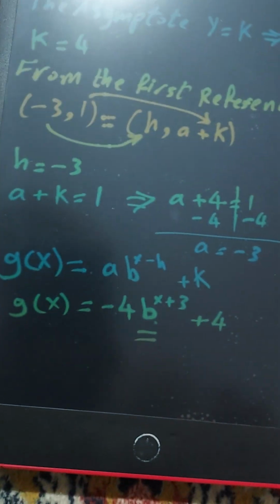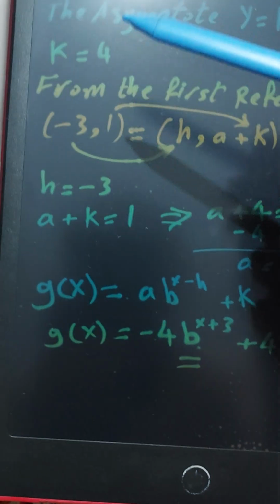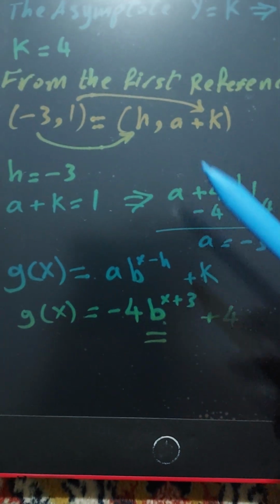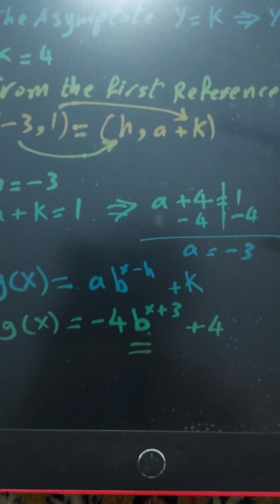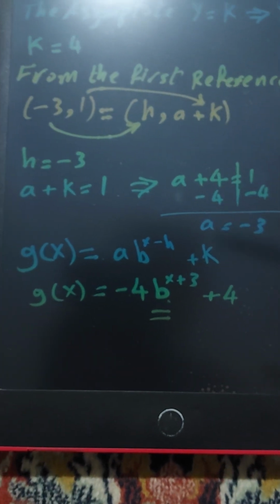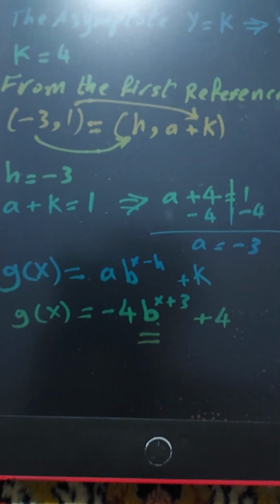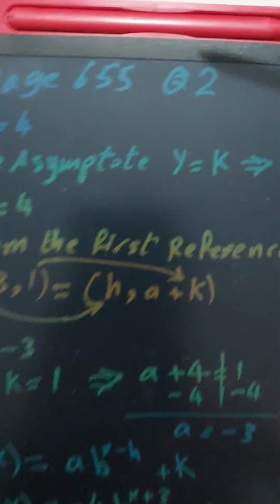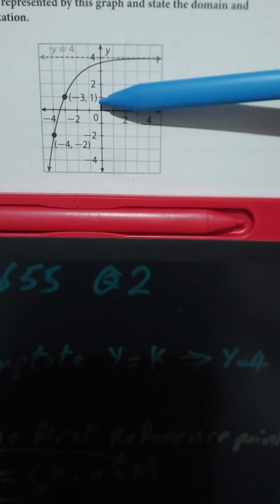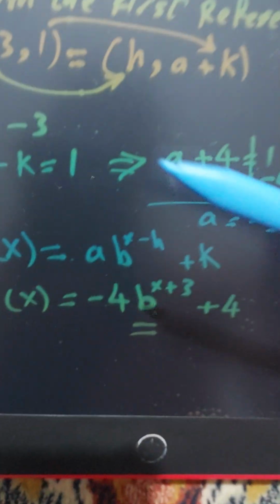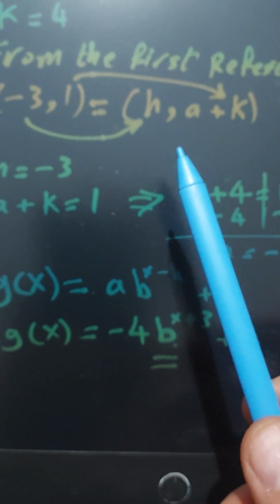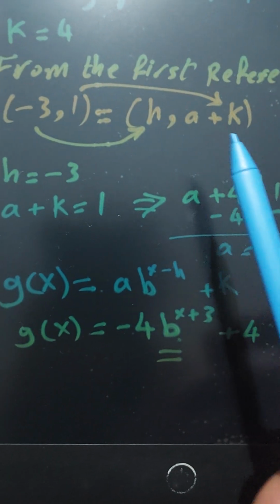For the first value, we mentioned that k equals 4. Then we try to find the remaining values, which are h, a, and b. So we take the first reference point from the graph, which is -3 comma 1, and that will equal h comma a plus k.